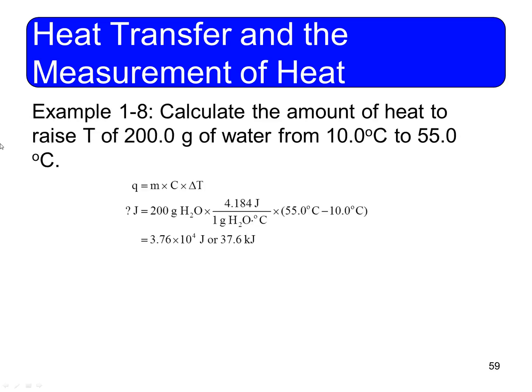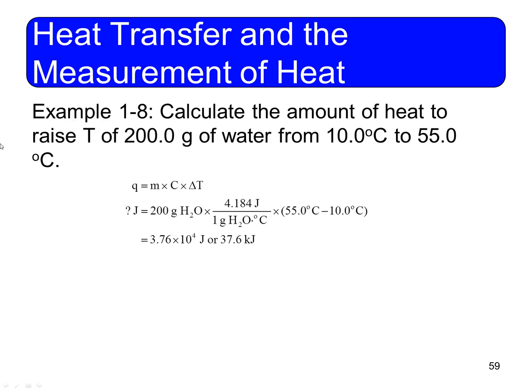Okay, so if we want to calculate the amount of heat it would take to raise the temperature of 200 grams of water from 10 degrees C to 55 degrees C. When we're dealing with heat, you want to first just think of our heat equation, which is Q equals MC change of T. That's basically what you've got to know to solve this.